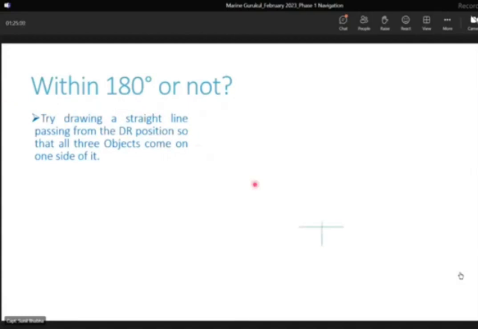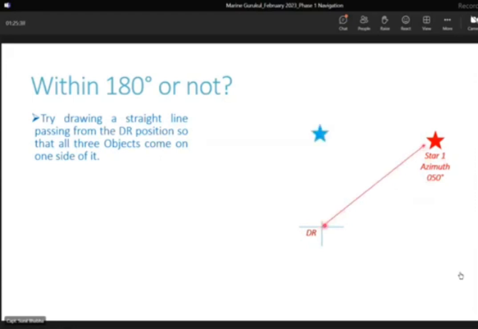Let's assume that we have a DR position in this particular location and we have obtained three celestial observations. Let's assume that the first observation was taken using the red colored star. It is identified as star 1 and has an azimuth of 050 degrees. Let's mark the azimuth in the diagram. You can see the azimuth coming up.